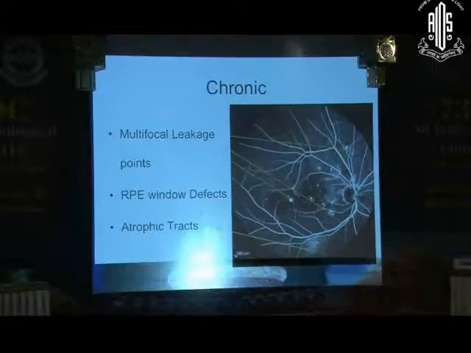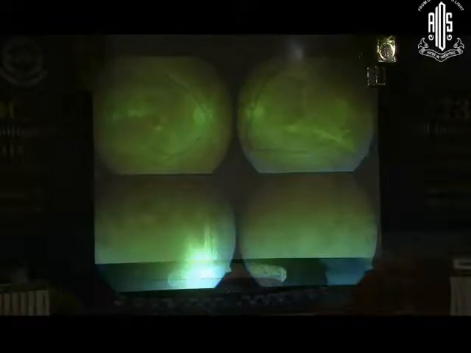In chronic cases, we get multifocal leakage points. You can see in this case about 3 we arrowed, and there are another 3-4 multifocal leaks. And there are also retinal pigment epithelium window defects, and definitely there are atrophic tracts. This is one of the photographs of chronic central serous chorioretinopathy.